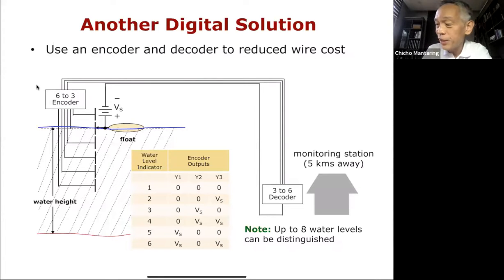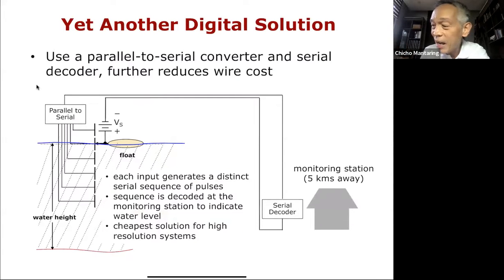So this is another digital solution. And this is yet another digital solution. This time I'm back to 2 wires, only 2 wires. Pero ang gagawin ko ngayon, I'm going to have what I call a parallel to serial converter.